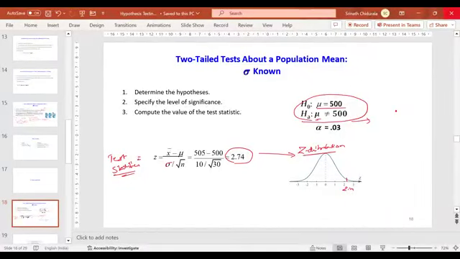But in this case, it is not equal. So that means the error could be on the left-hand side or on the right-hand side. And here we will divide this alpha by 2 because we are referring to the Z distribution, which is a symmetrical distribution. So we are not getting biased to any one side. We are dividing the error on both sides equally.